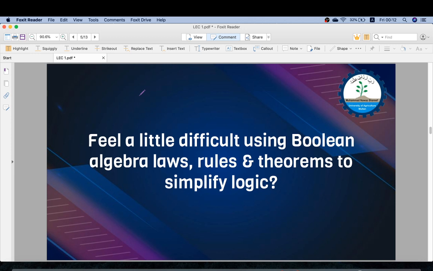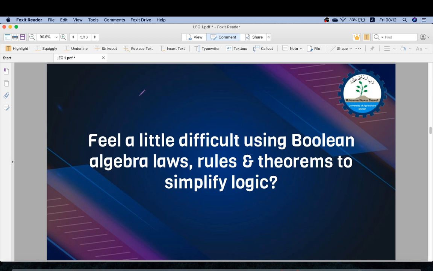Do you feel it a little bit difficult using Boolean algebra laws, rules and theorems to simplify logic? In our previous lectures in university, we read about the Boolean algebraic laws. There were a few laws which we need to remember by heart, or understand how they are derived, and that was important because when we have to simplify a logic equation, we use Boolean algebraic laws, rules and theorems.